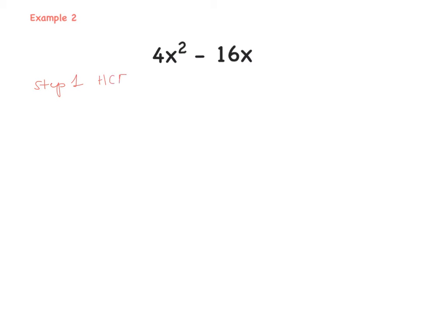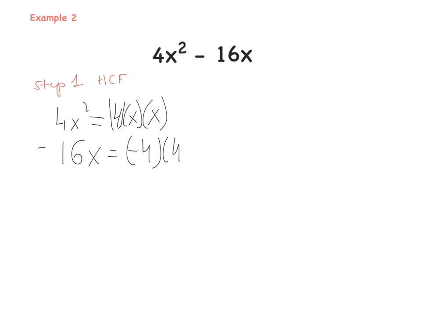Highest common factor. We have 4x squared, so we can write it as 4 multiplied by x and multiplied by x, all multiplication. And the next one is minus 16x, which we can write as minus 4 multiplied by 4 and multiplied by x.